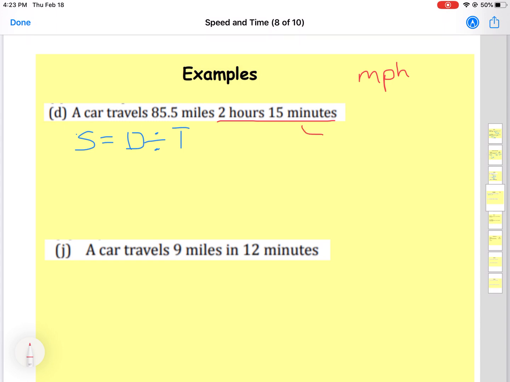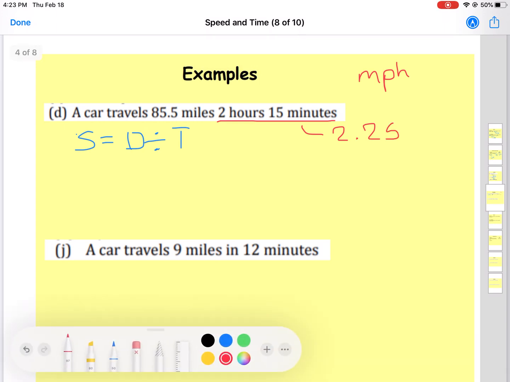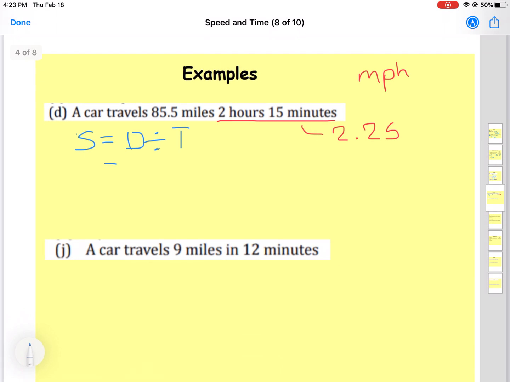So in this case, I changed 2 hours 15 minutes into 2.25 and use that in the calculation. The distance is given as 85.5. Divide that by 2.25 and we'll find out the speed. So we can use a calculator for these, that's absolutely fine. And we will get 38 miles per hour.